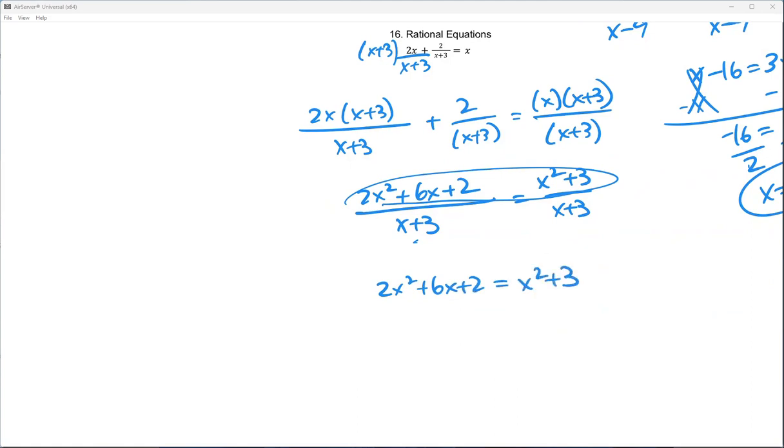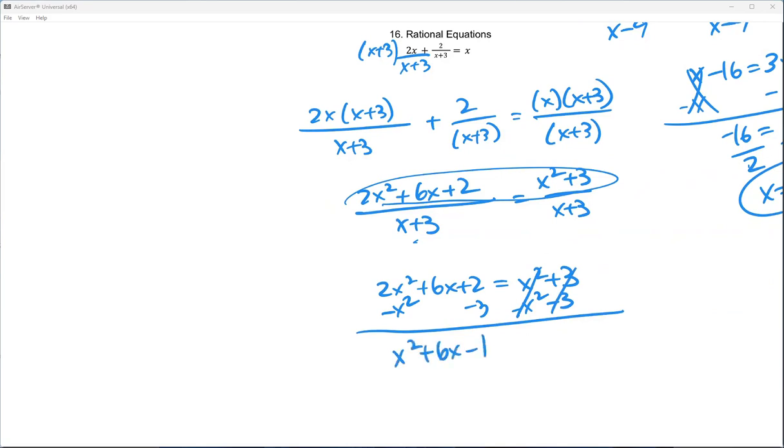Realize that this is a quadratic, so you got to think about factoring and the quadratic formula. So I'm going to make everything equal to 0 because, again, the solutions are the x-intercepts, they're the zeros. So that'll be x squared plus 6x minus 1.